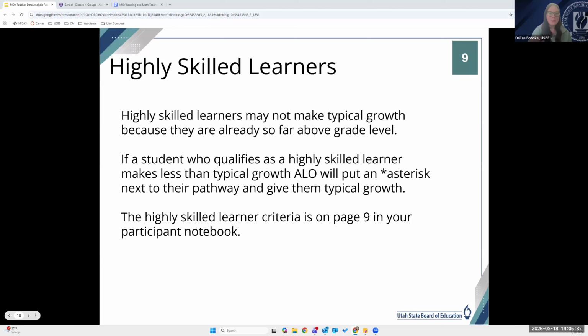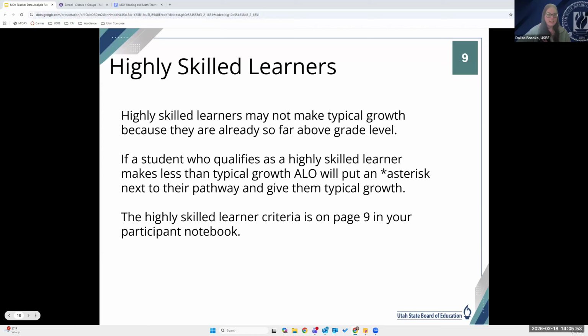So even if they made below or well below typical growth, you're going to change your mindset there. Because they're highly skilled learners, if they have that asterisk on their profile, you are going to consider them to be making typical growth.